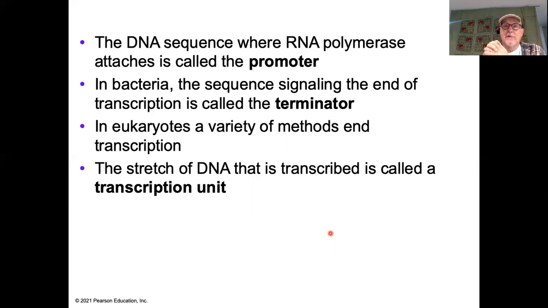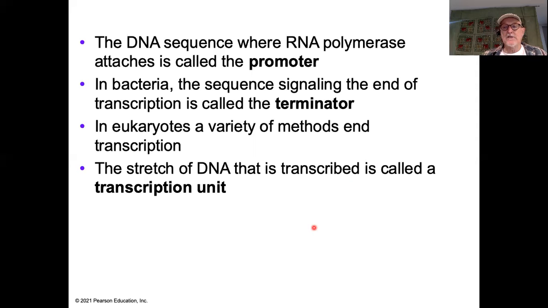That promoter region can act as a switch. The cell can actually switch a gene on by attaching what are called transcription factors around the promoter. And if they attach the correct transcription factors, then the RNA polymerase can come in and fix right there and begin the process of transcription.